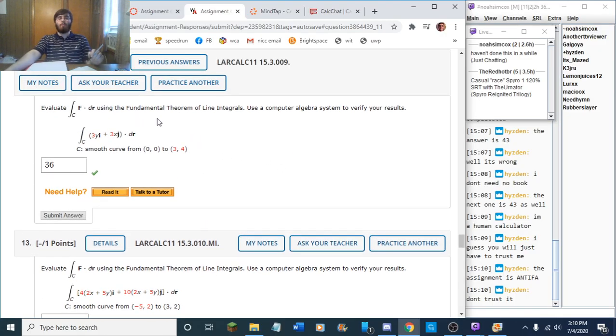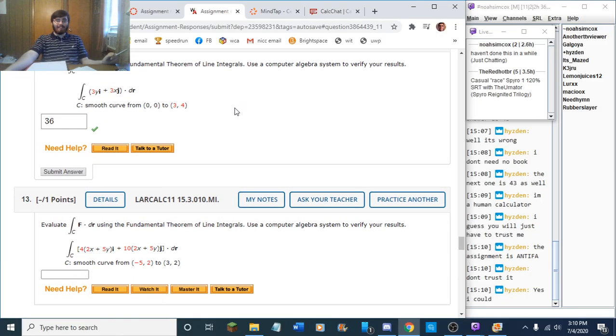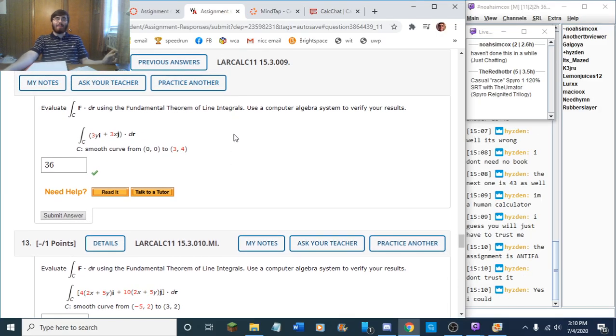Can you explain to me what the fundamental theorem of line integrals is? Because if you can, then maybe I would trust you with your answer. Okay, what is it? Explain it.